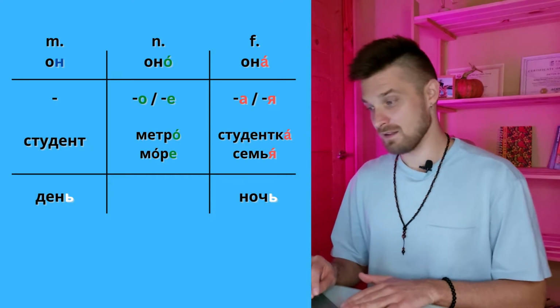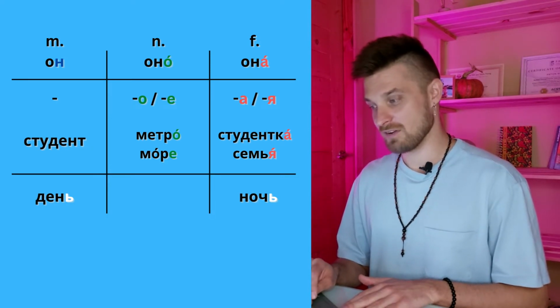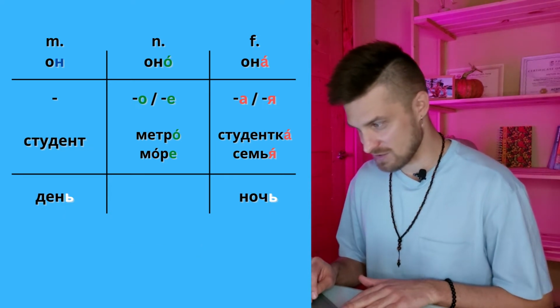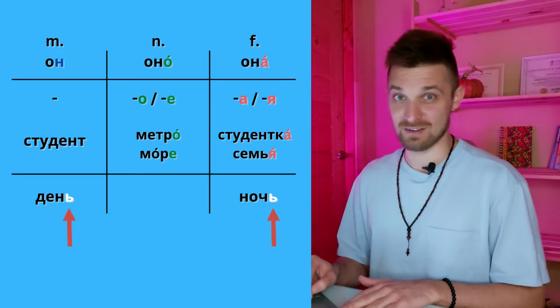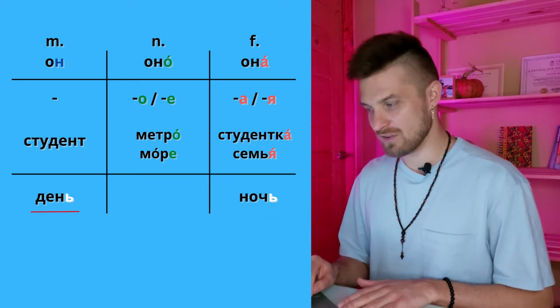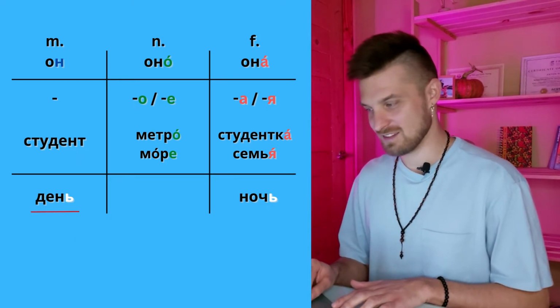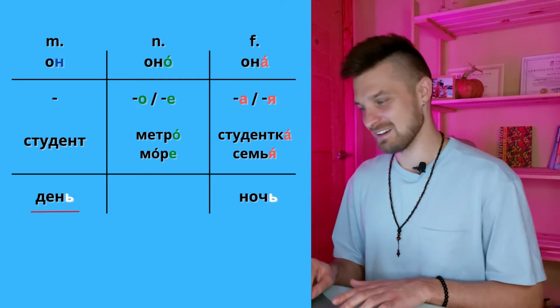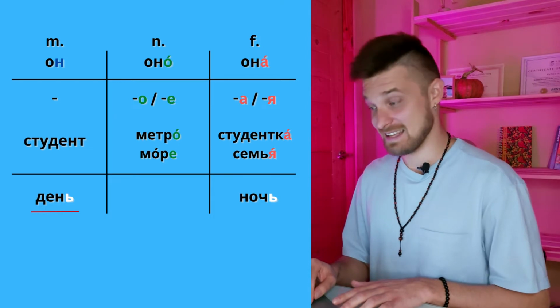Let's move on. Also, we have nouns which end with a soft sign. This white letter is the soft sign. Usually it's not white, I just highlighted it so you can see. If we read this word without the soft sign, it will be den. With the soft sign, it's день.